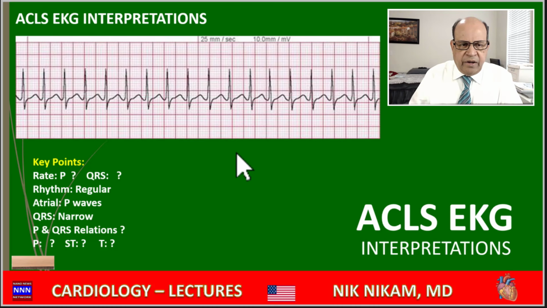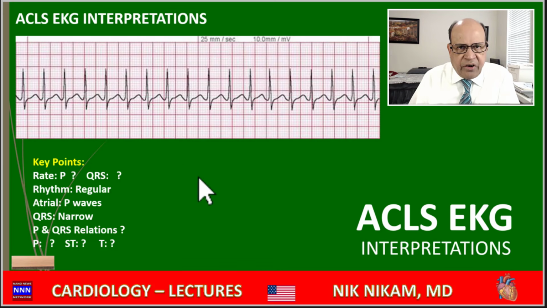It could also be atrial flutter with 2-to-1 conduction. We don't know because we don't see clear P waves. It could also be atrial fibrillation with rapid ventricular response, but the rhythm is pretty regular, so it is unlikely to be atrial fibrillation with rapid ventricular response.